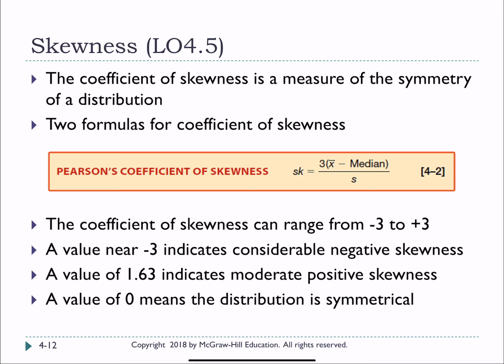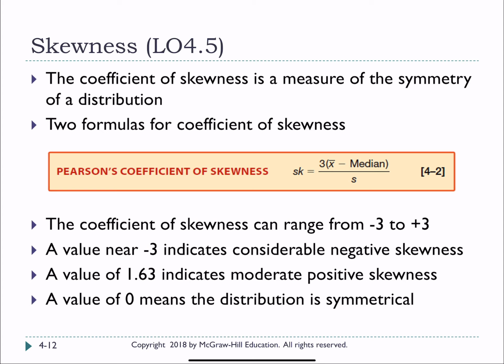So, last topic for this chapter then, learning objective 4.5, skewness. So this was developed by Professor Karl Pearson, and he just developed a simple formula for calculating the skewness of data. He was specifically looking at differences between the sample mean and the median, and then dividing that by the sample standard deviation.